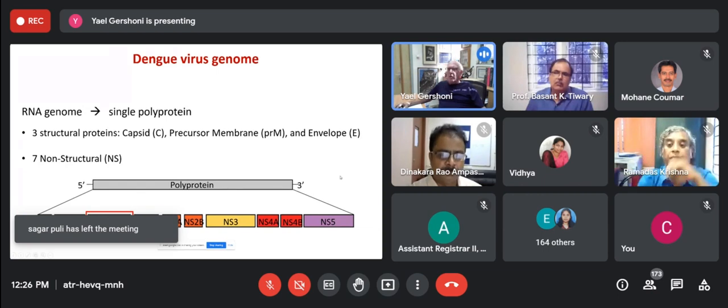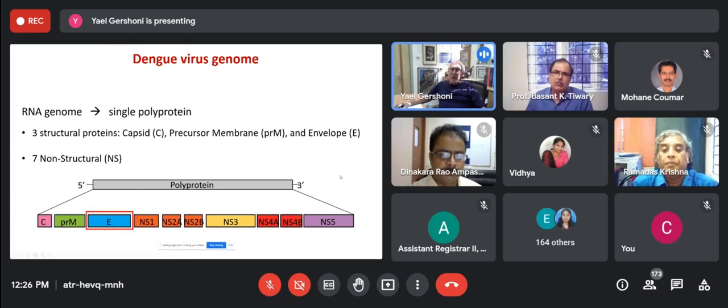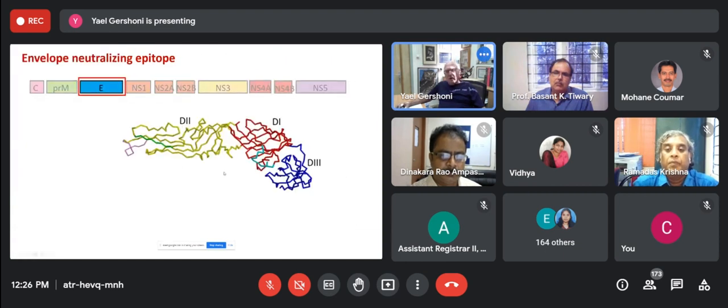And in the envelope, there are a number of highly well-defined neutralizing epitopes. And you can see here is the crystal structure of the monomer of the envelope protein of dengue, and it's divided into 3 domains. This is the D1 domain, which bridges D2 and D3.